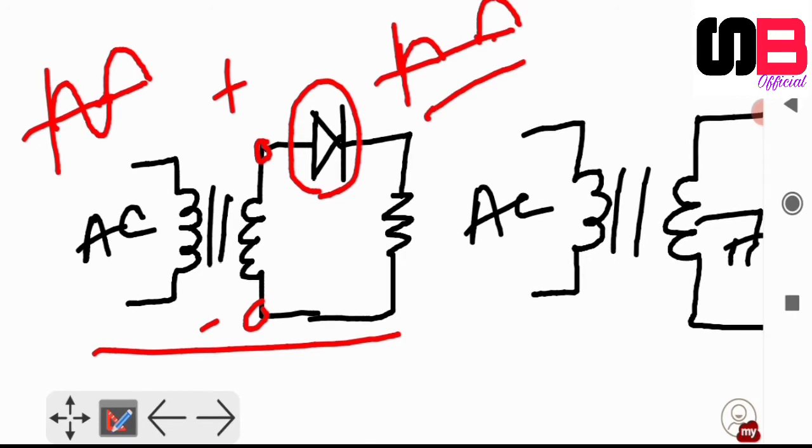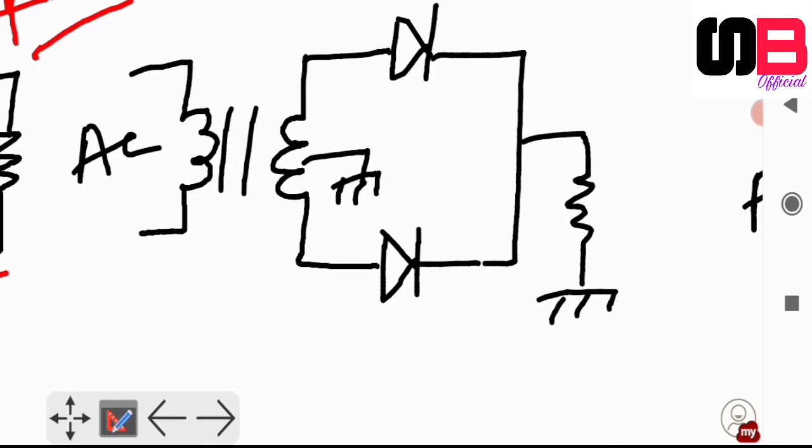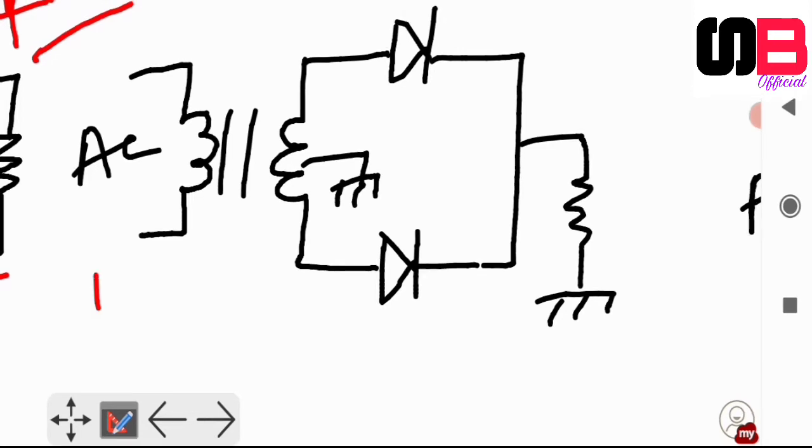Now we will come to the center tap circuit. In the center tap circuit, we use two diodes across the secondary of the transformer. So in this circuit, it will pass both halves of the AC.